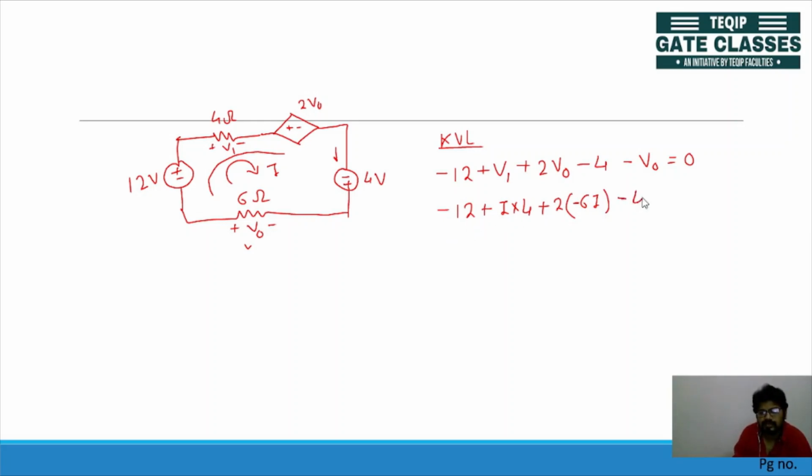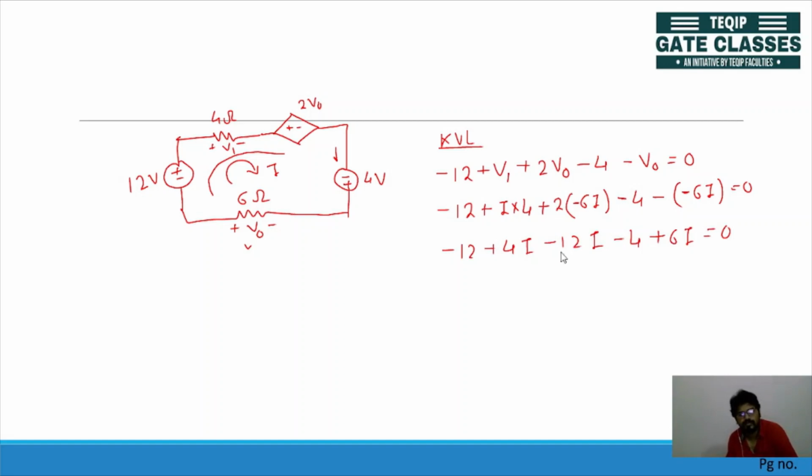So 2 V naught is 2 into minus 6I, then there is minus 4 and minus V naught, which we again write as minus 6I, is equal to 0. Further simplifying, minus 12 plus 4I minus 12I minus 4 plus 6I is equal to 0. We have 4I and 6I, that is 10I, minus 12I, that is minus 2I.